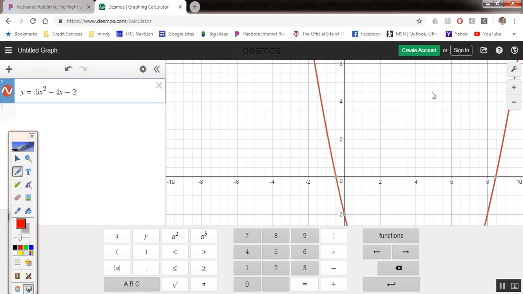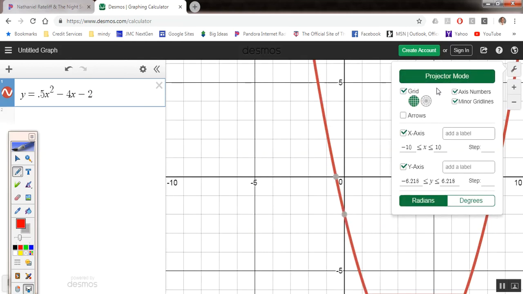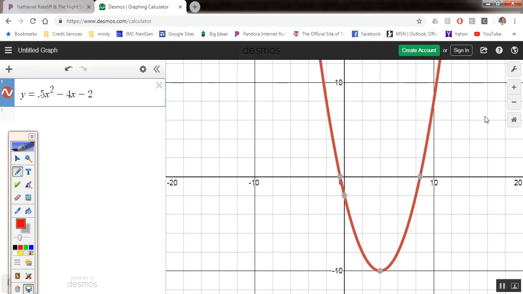I was just taking a look at this right here. Does that seem to maybe match what you guys have graphically right there? Where'd the vertex end up at down here, kids? Okay. Let's just check here. One point I was concerned about was 2, negative 8. Does that look about right?